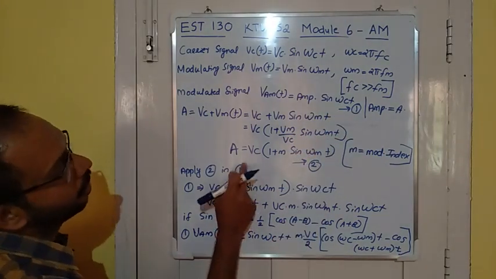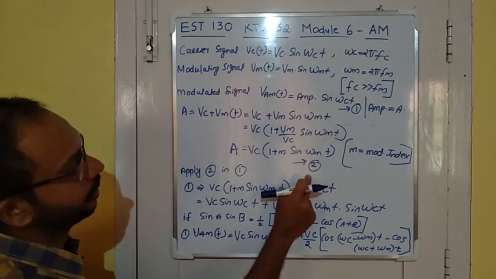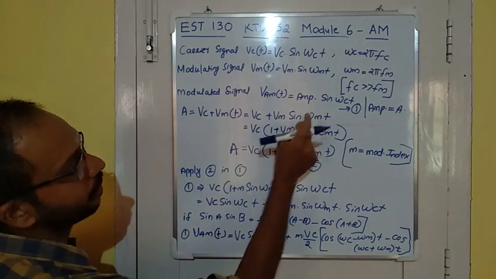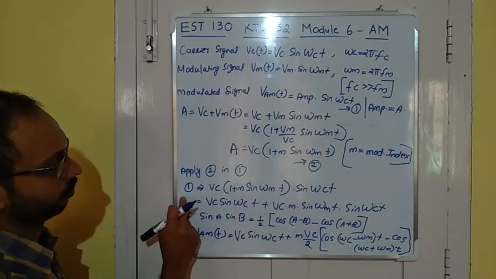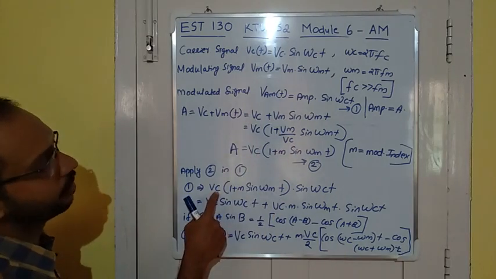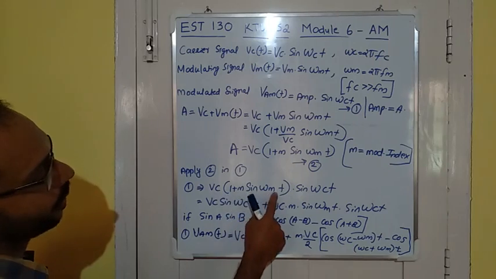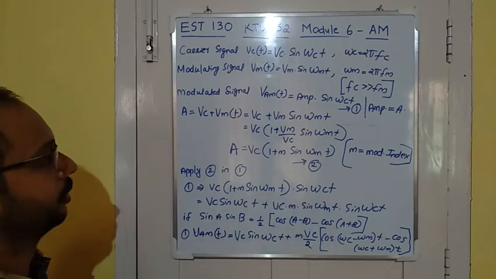So substitute this second equation, that means the value of A, in equation number 1. So it is equal to Vc into 1 plus m sin omega mt into sin omega ct.